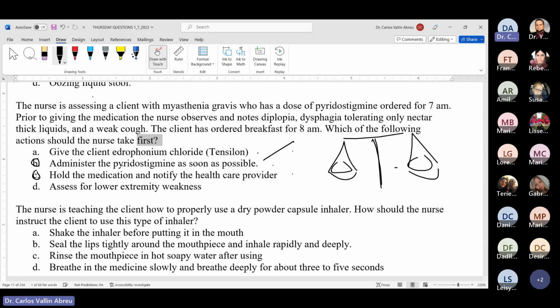Or should this client, due to the symptoms, be evaluated by the physician, because maybe the client is having a myasthenic crisis and requires a more acute intervention than just giving the tablet of pyridostigmine?